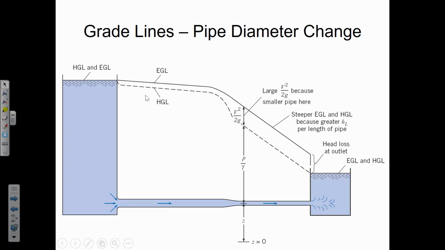At first, you don't know how steep to make the line, and if you make it too steep, then you may not have enough vertical space left to make the smaller diameter pipe even steeper. So sometimes you'll have to do these in pencil rather than pen so that you can erase and make a couple of adjustments so that finally it makes conceptual sense that you've got the bigger gap between the two lines in the small diameter pipe, since you've got more velocity head compared to the larger diameter pipe.